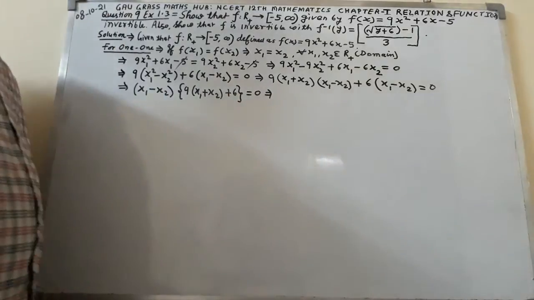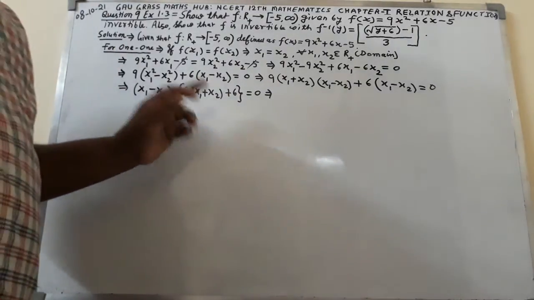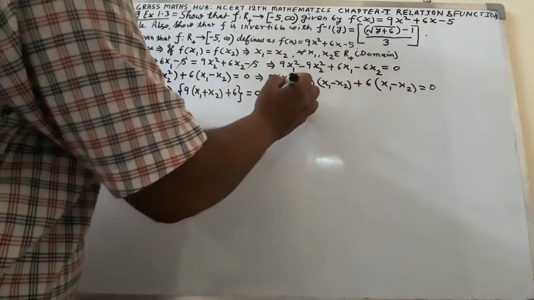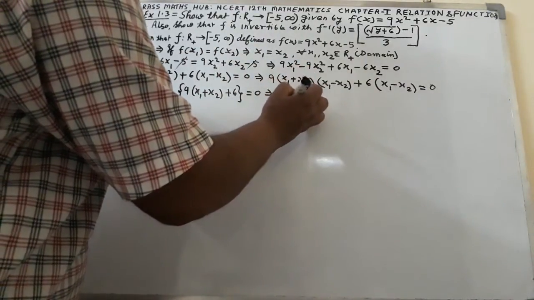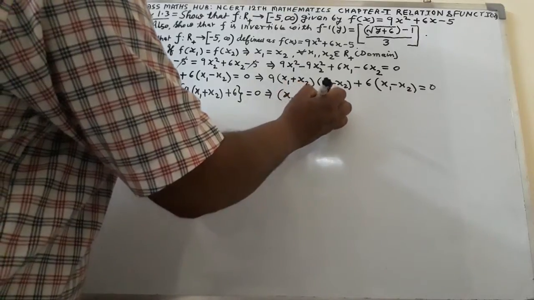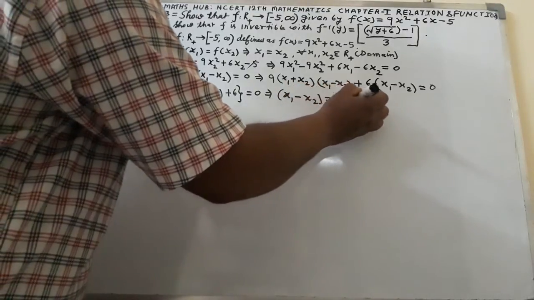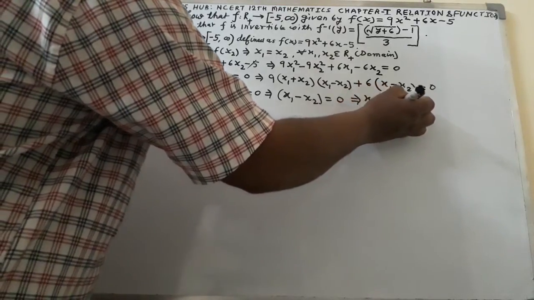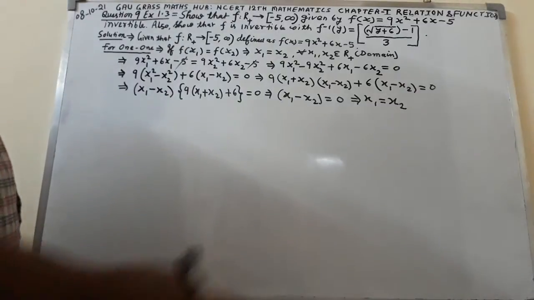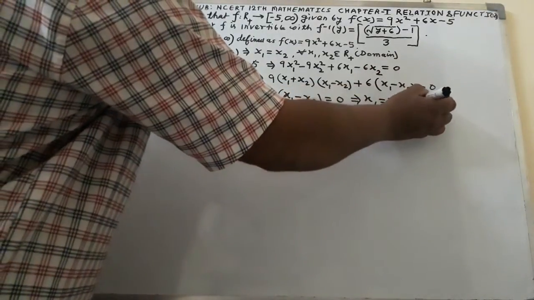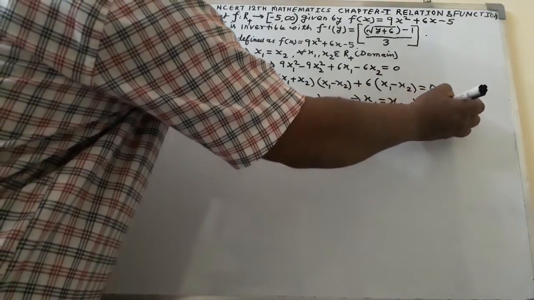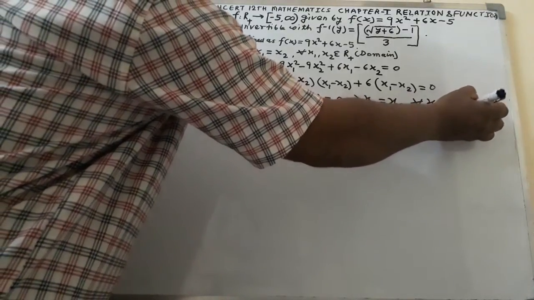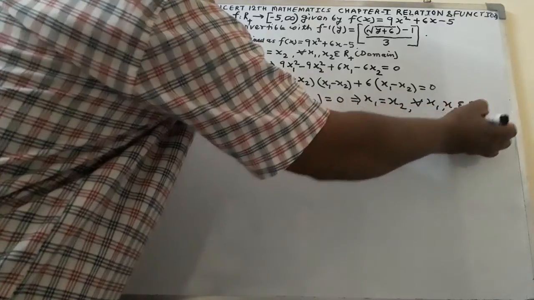Implied that, again I shall write, x1 minus x2 into something non-zero equal to 0. Implied that x1 equal to x2, for all x1 comma x2 belong to the set of positive real numbers, the domain.